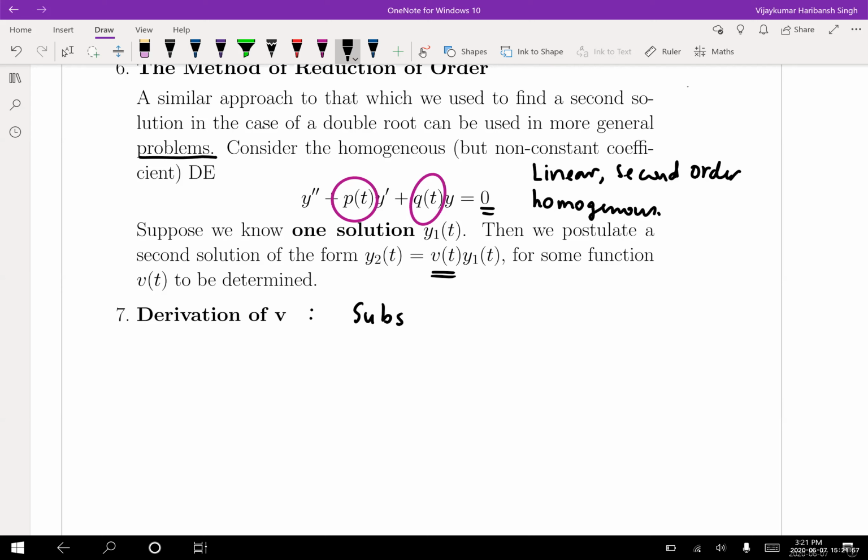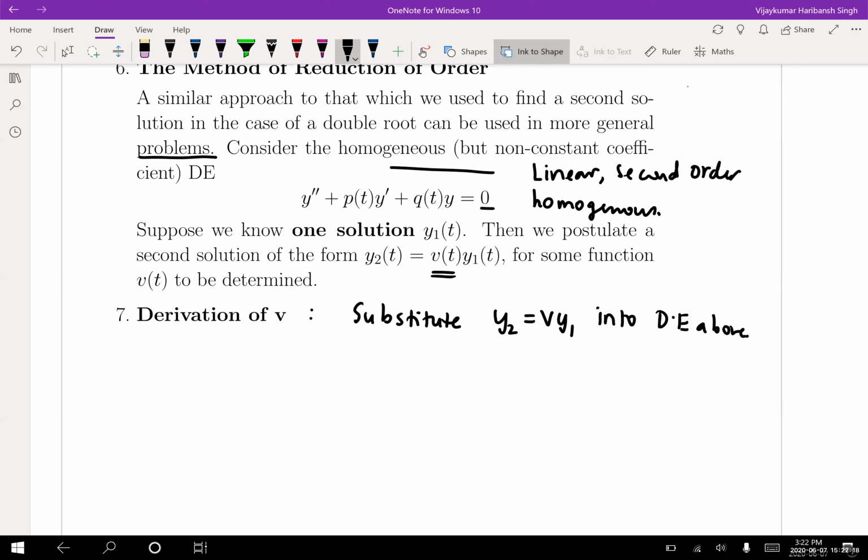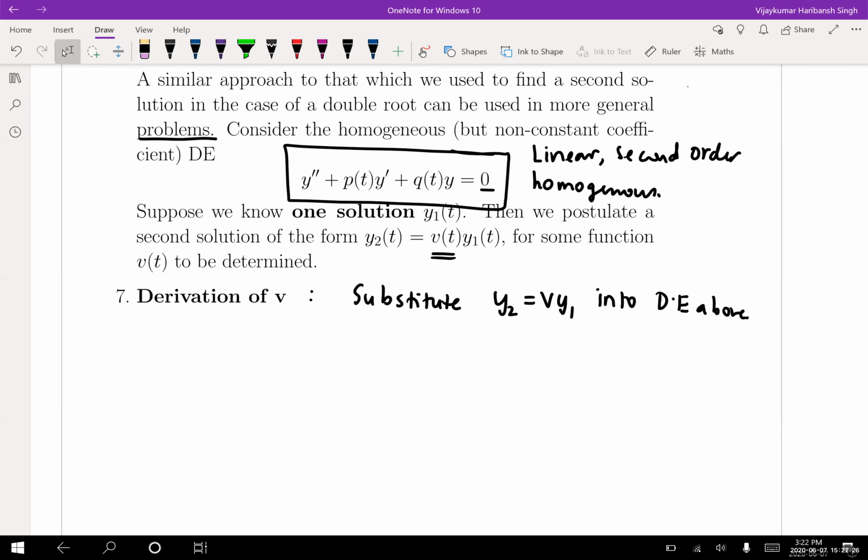So substitute y2 = v y1 into the differential equation above. When you substitute, what do you get?